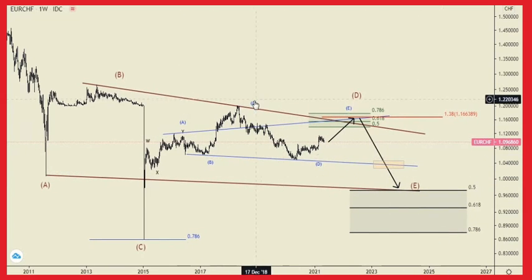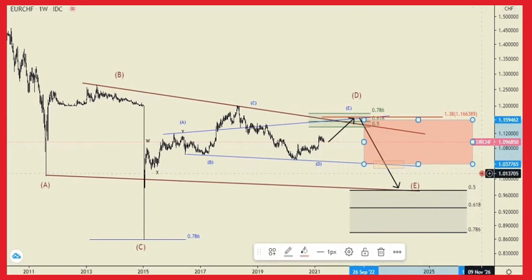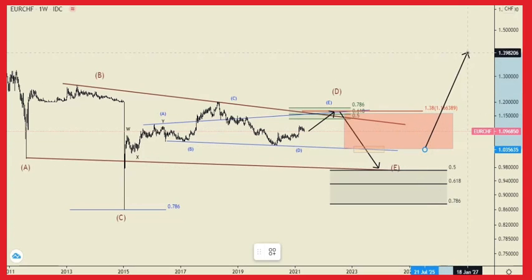In such patterns, usually the E wave moves in the form of a corrective motion that simply fills its time frame, and then with the end of the E wave, a bullish explosive motion will form.